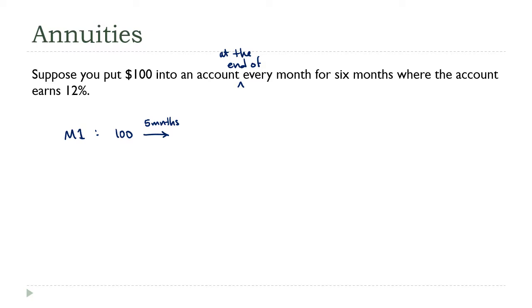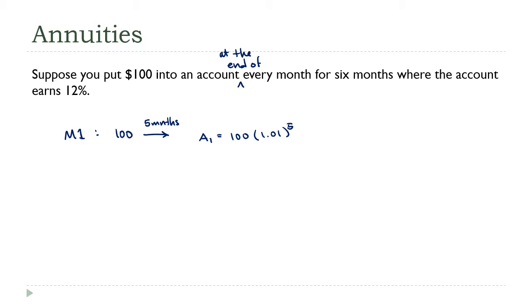Well, the compound interest formula tells me that the future value of this $100 will be 100 times 1.01 to the 5th power. All right, so that takes care of that $100 for the entire period.